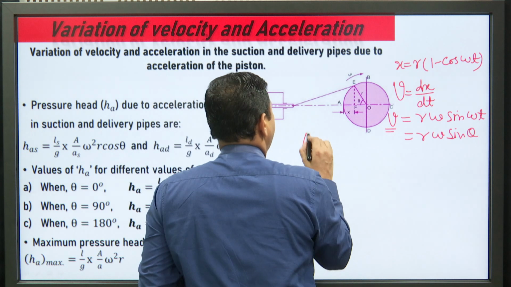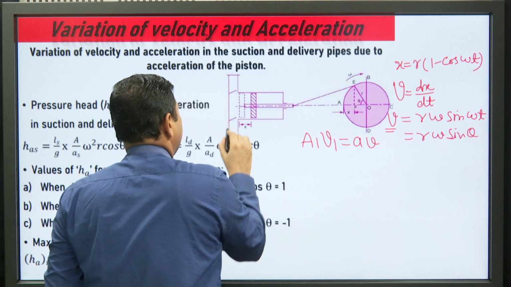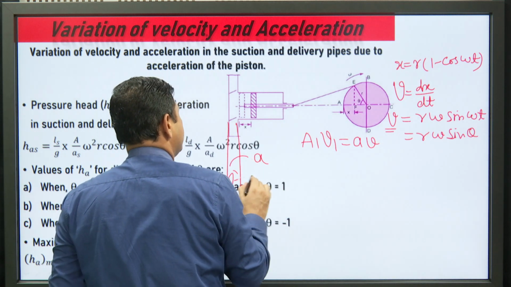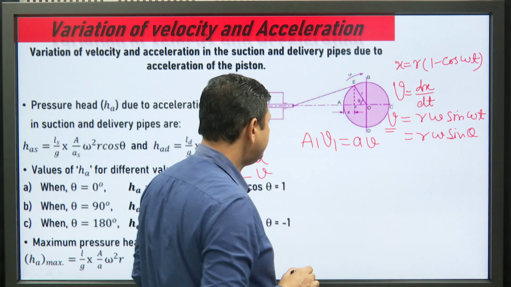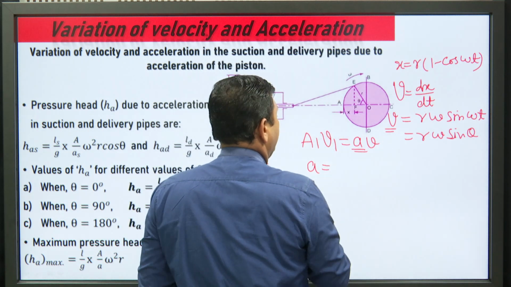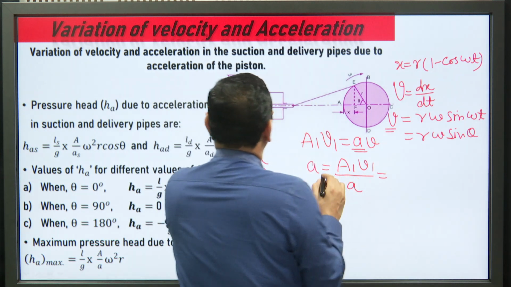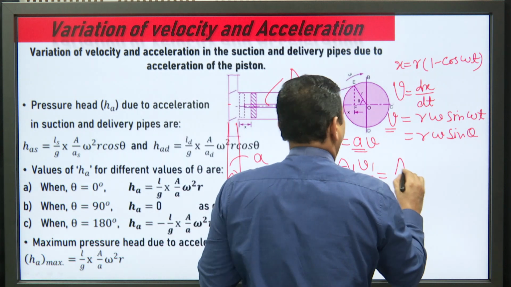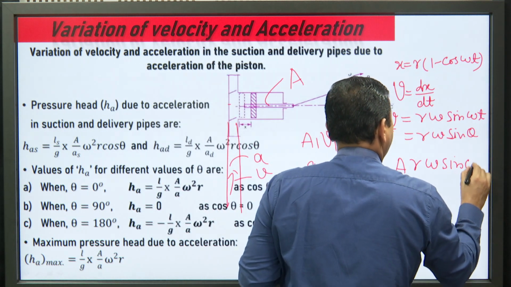We know the continuity equation: A1 V1 equals a into v. Here a is the pipe area and small v is the velocity of liquid flowing in the suction pipe. A, the big area, is the area of the cylinder, and the piston velocity is r omega sin theta.